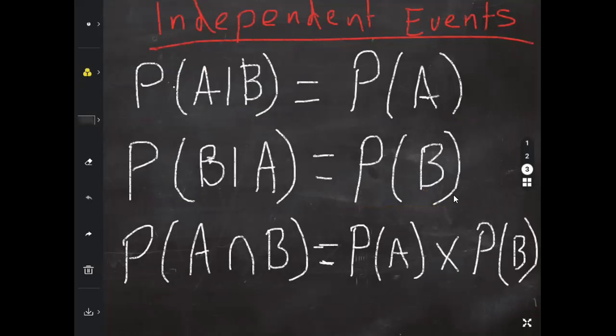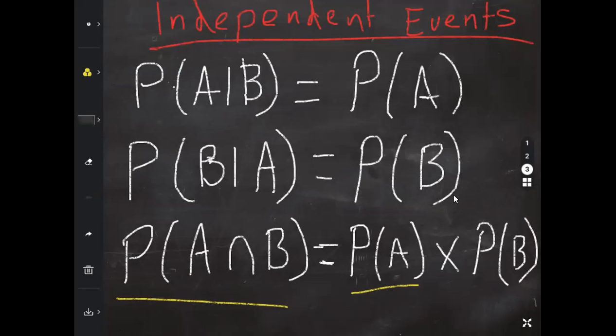So this last one. The other way we can find whether events are independent or not, we look at the probability of the intersection, so of A intersection B. If that is equal to the probability of A multiplied by the probability of B, then that is also an independent event.